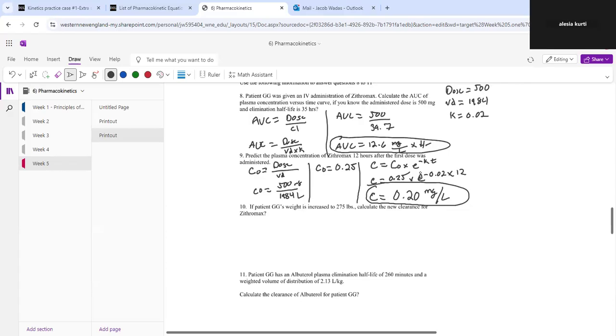All right, so first thing you've got to do is change it to kilos. Divided by 2.2, which equals 31.25. Which equals 125 kilograms.